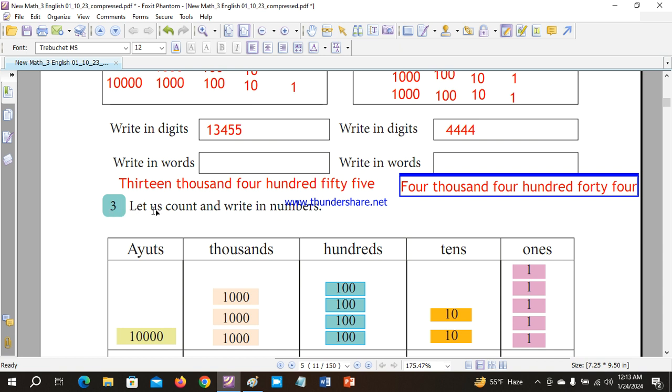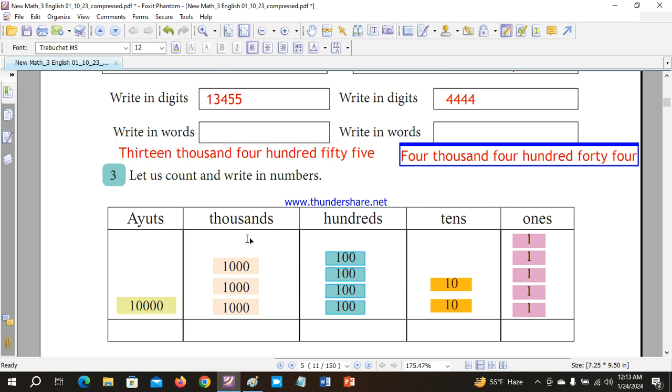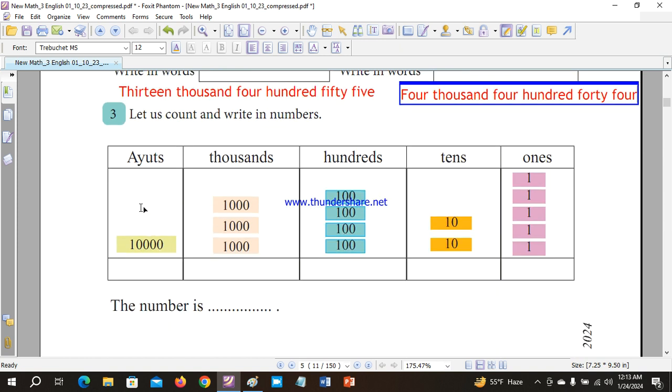Question number 3. Let us count and write in numbers. Here, look very carefully. In ones place, 1 2 3 4 5. There are 5 ones. So here we have to write 5. And here 1 2, 2 tens. Here we have to write 2. And here 1 2 3 4, 4 hundreds. So here we have to write 4. And here 1 2 3, 3 thousands. We have to write 3. And here 1 Ojut.